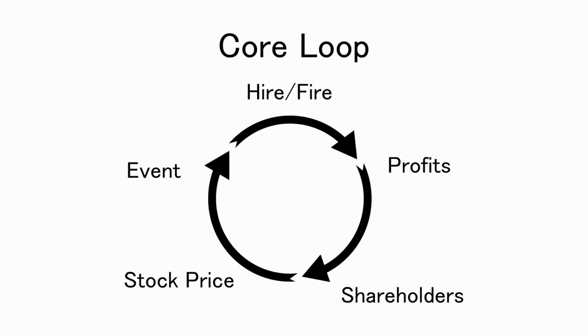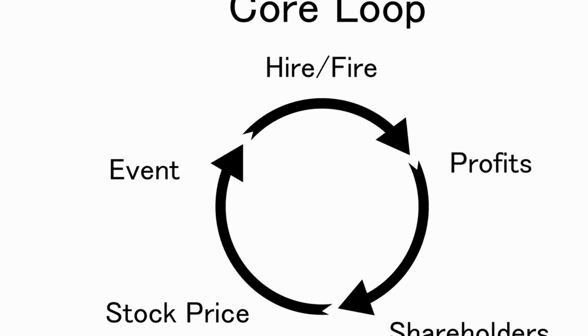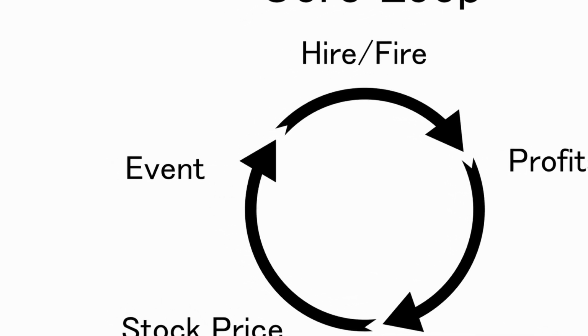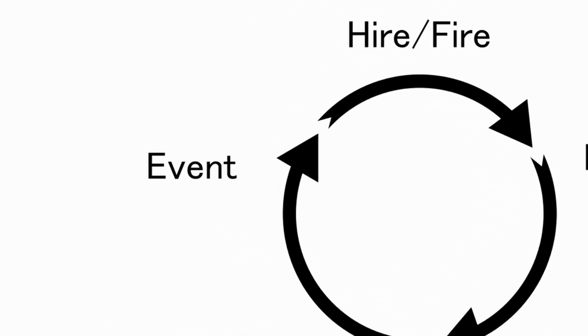So AAA Simulator needs a different kind of core gameplay loop. I mentioned that loop in the last video, but I'd like to explain it a little more. Instead of customization, AAA Simulator will be based around events like news about your company, demands from your shareholders, and opportunities to add features or otherwise modify your operations. The core mechanic of the game is responding to these events by hiring or firing people, which is an intentionally binary choice.